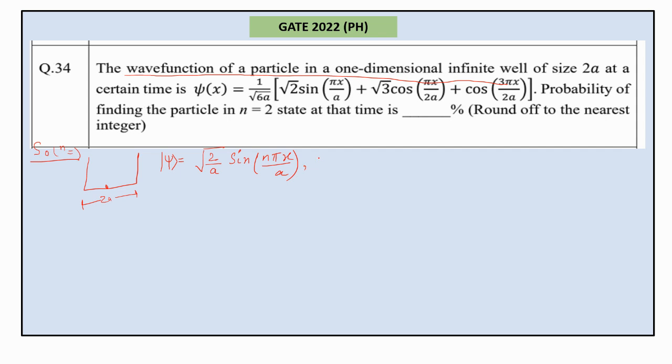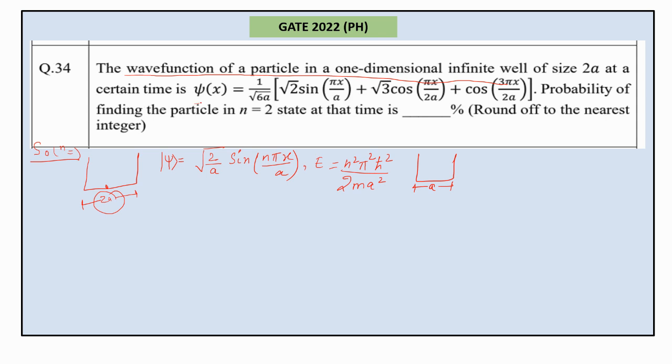And the energy value is E is equal to n square pi square h cross square upon 2 m a square. This is when the dimension is a, but in this question it is given 2a, right?